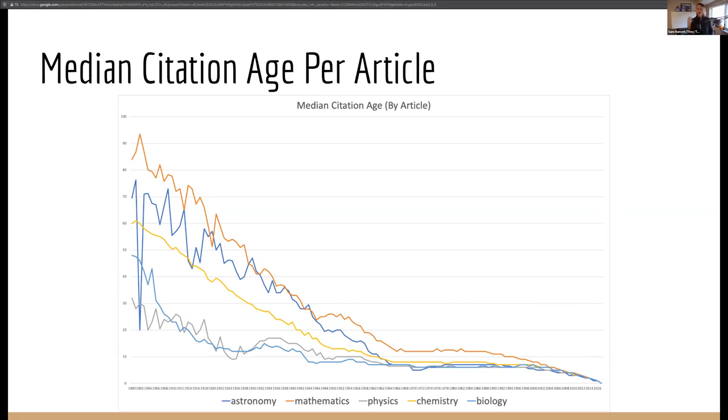The thing that made the most sense for me here is that that likely means that there's a few articles in physics, and by a few, this could be thousands of articles, but there's a small number of articles in physics which drive a large number of the older citations in physics. Because if we look at the median citation per article median, it drops way down, which means that some number of articles must be getting a large number of older citations to skew the overall total citation median a lot higher than this. Math is still the oldest.